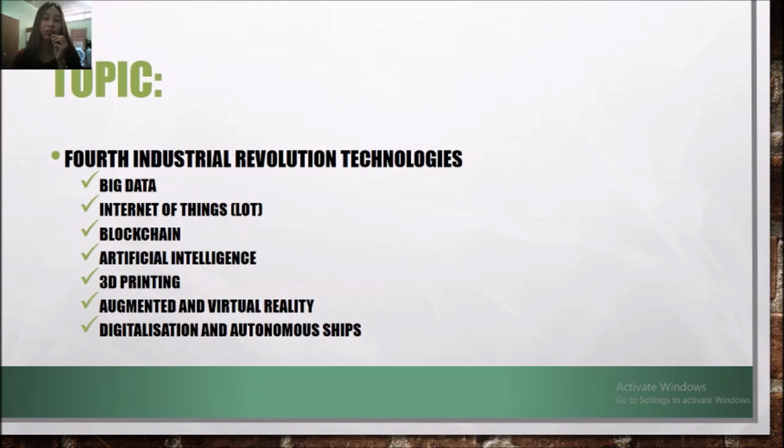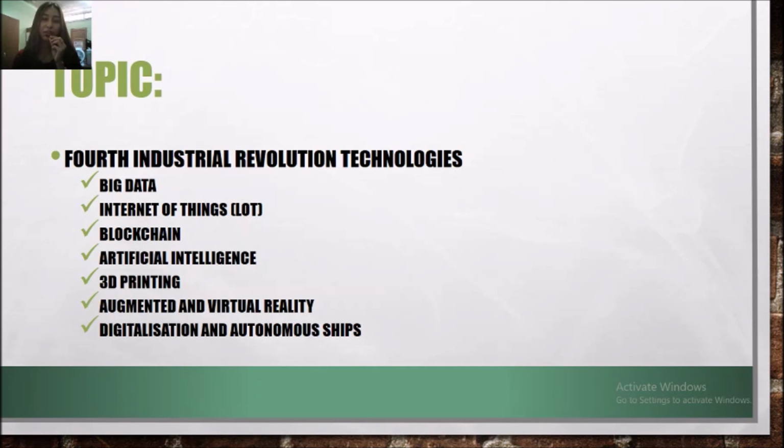It's quite long, but I guess since this will be the last topic that I will be discussing, and then we're going to have our final assessment, you need to study this one as well. We have the final topic for fourth industrial revolution technologies. That includes big data. We're going to discuss as well what is Internet of Things, and then blockchain, artificial intelligence, or commonly known as AI, and then 3D printing.